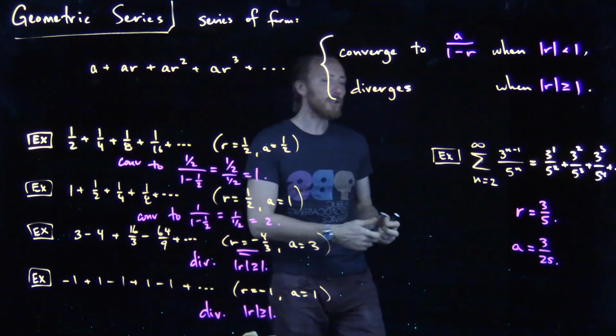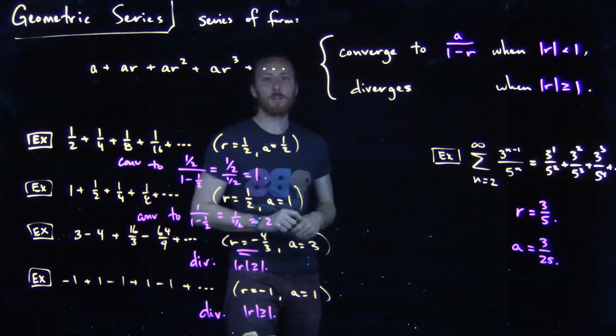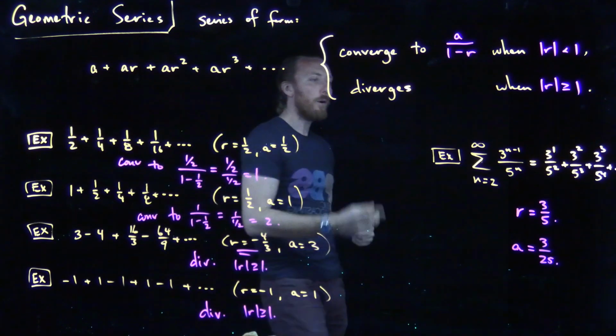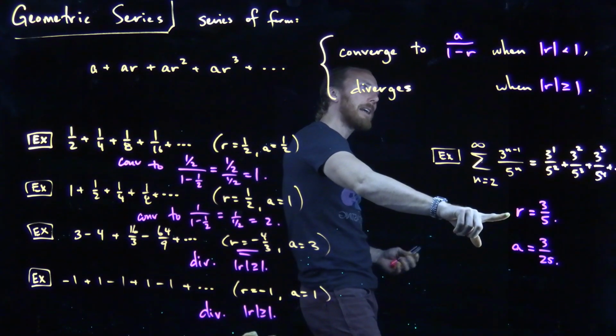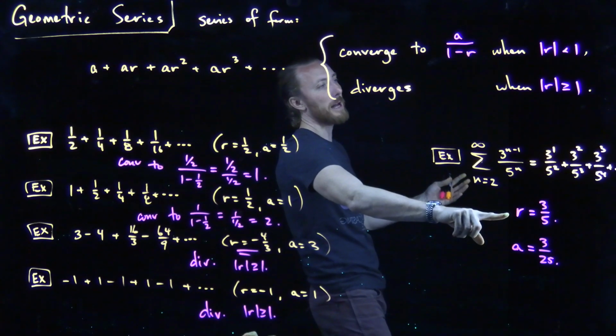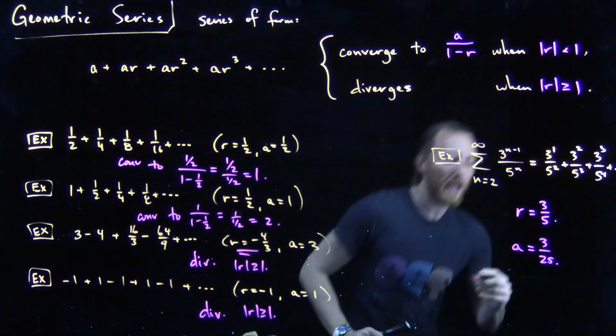Well, with this information, we should be able to utilize our result to figure out what this series converges to or whether this series diverges. Well, first, to determine whether the series converges or diverges, we look at the common ratio. Is the common ratio less than 1 or greater than or equal to 1 in absolute value? Well, in this case, the common ratio is less than 1, so we know that we have convergence.